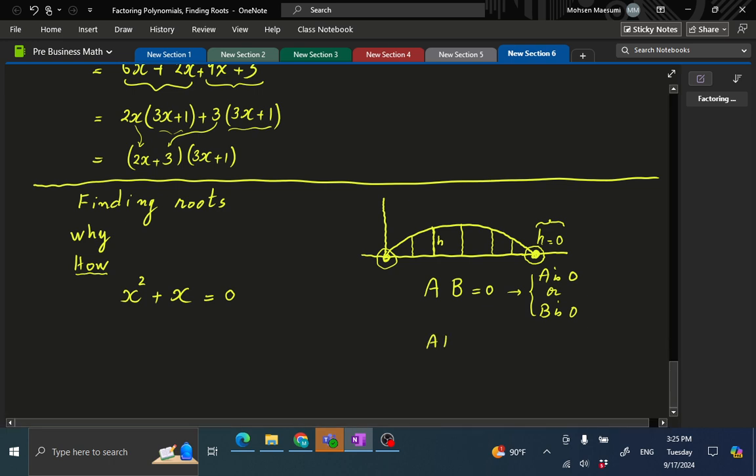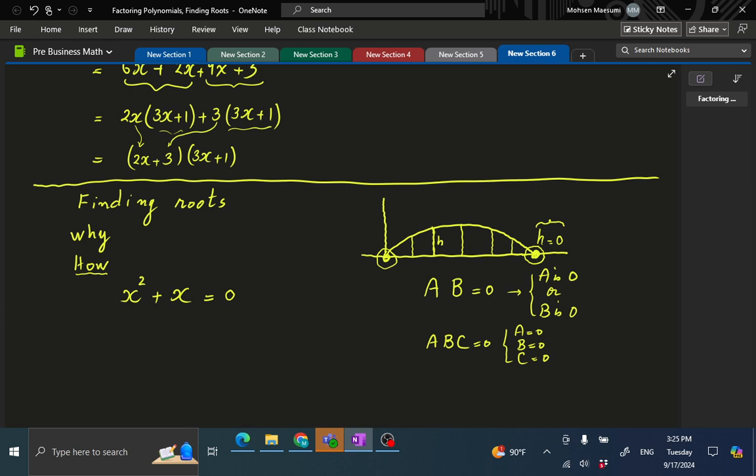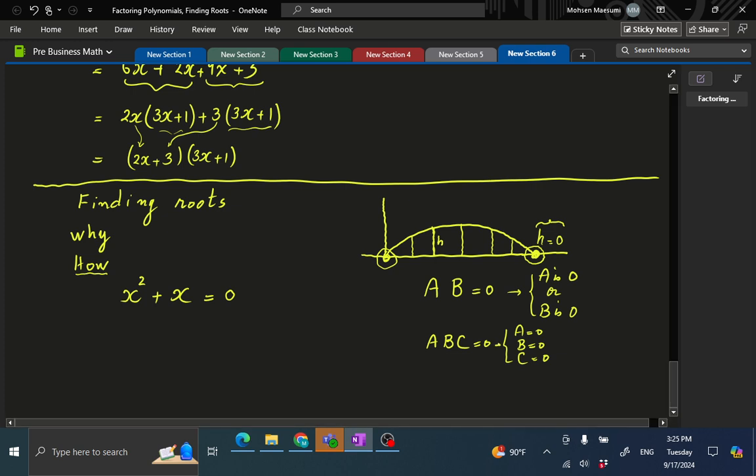Similarly, if you have a product of three numbers equal to 0, then you can conclude that either A is 0, or B is 0, or C is 0. In some exceptional cases, perhaps 2 or 3 of these things could happen. But when we have a product of a few numbers that is 0, at least one of them is.